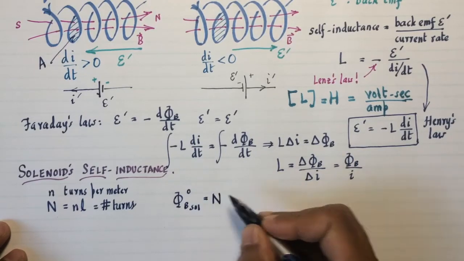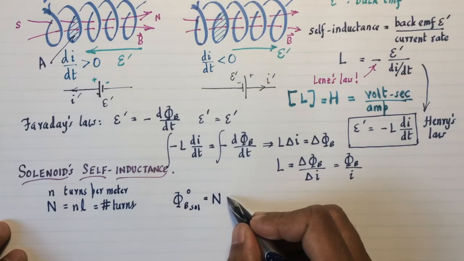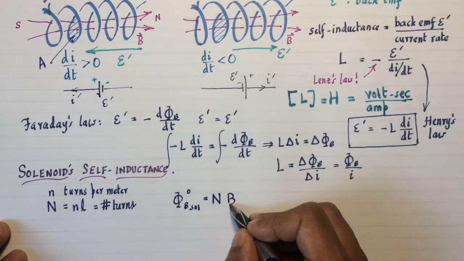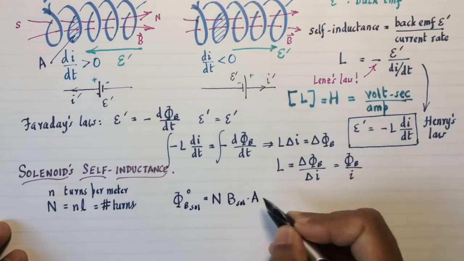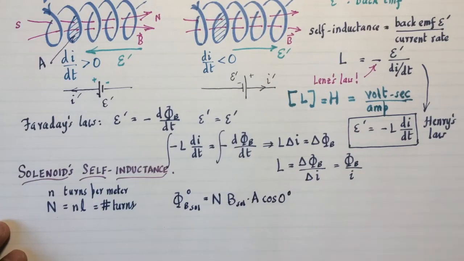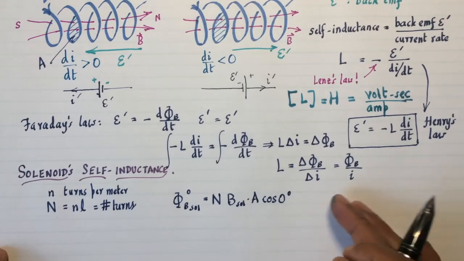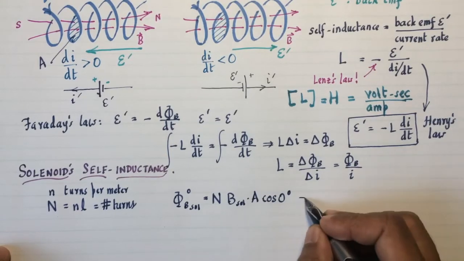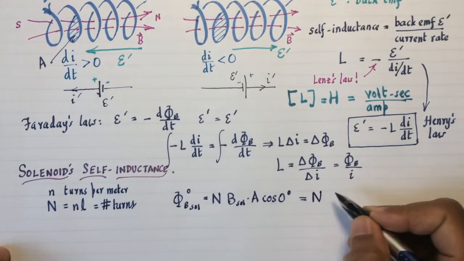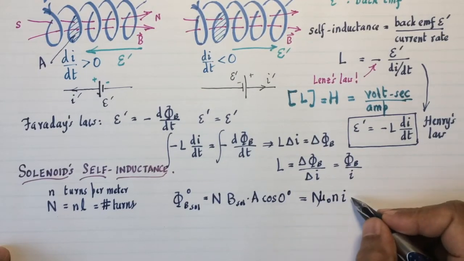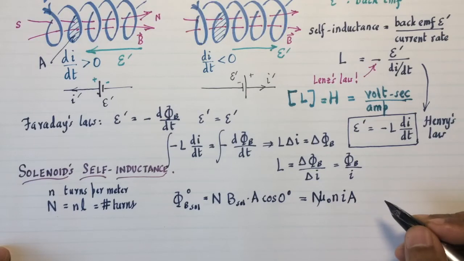It's got N turns, and then the definition of flux is the integral of B dot dA and all that, but for this case it's just B times the area, and then you have to worry about the dot product. I'll just say it's cosine 0 degrees because I'm not interested in producing a negative sign with inductance. So I have everything here. The solenoid's magnetic field is well known. It is mu naught n i, times the area A.